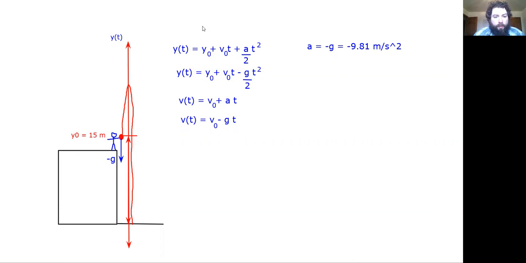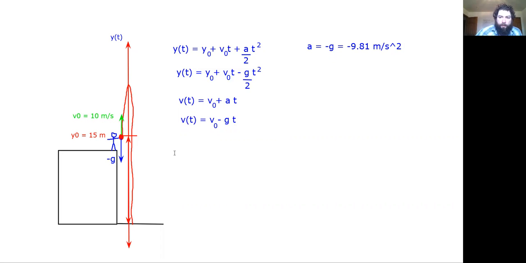And then we'll have an initial velocity, and I'll do velocity in light green. So that's going to be our initial velocity, and we're going to say that is 10 meters per second. Right there.